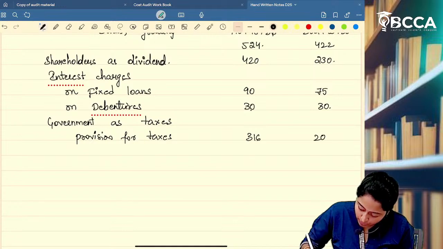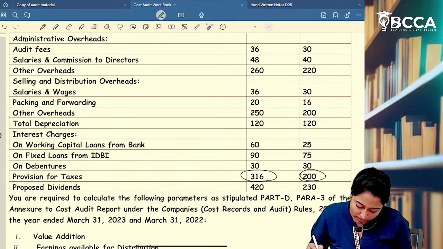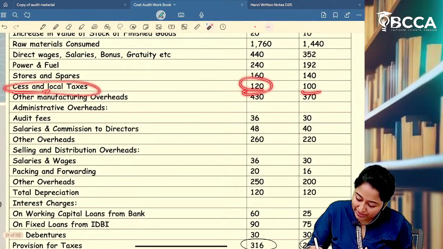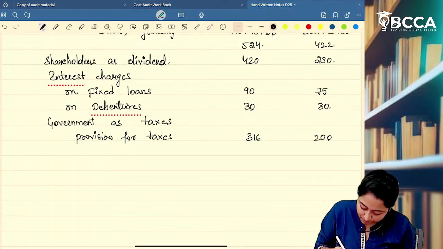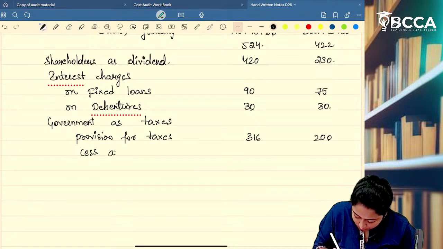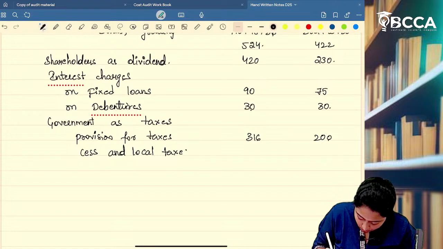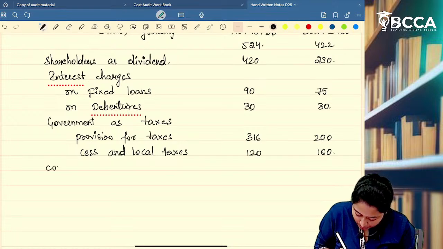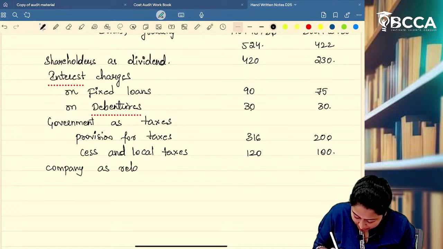And we also have cess and local taxes above, isn't it? Cess and local taxes 120 and 100. And at last we'll have company's retained funds.